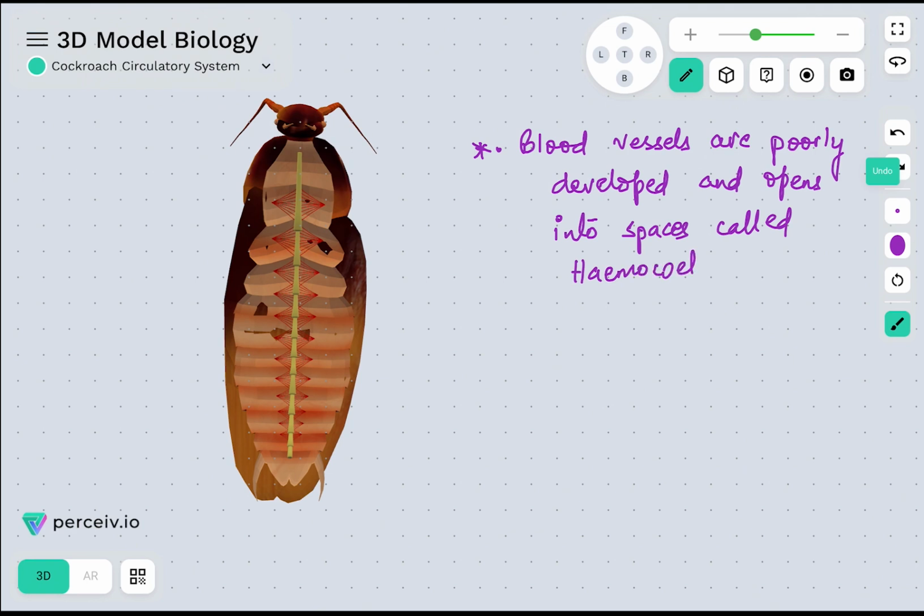This is very important. If I label the space, these are the spaces which you can see over here, from here to here. If I mark it again, these are considered to be the open spaces from here to here. So this is considered to be the hemocoel, which are the open spaces.